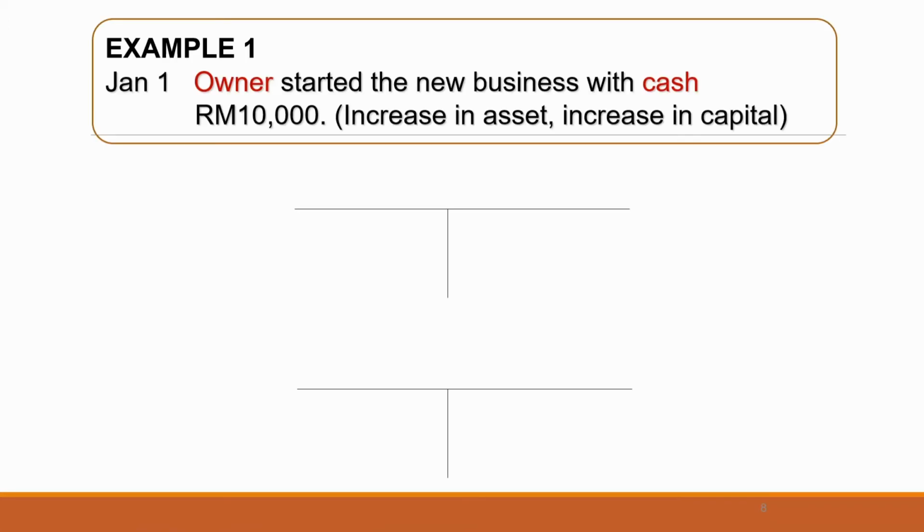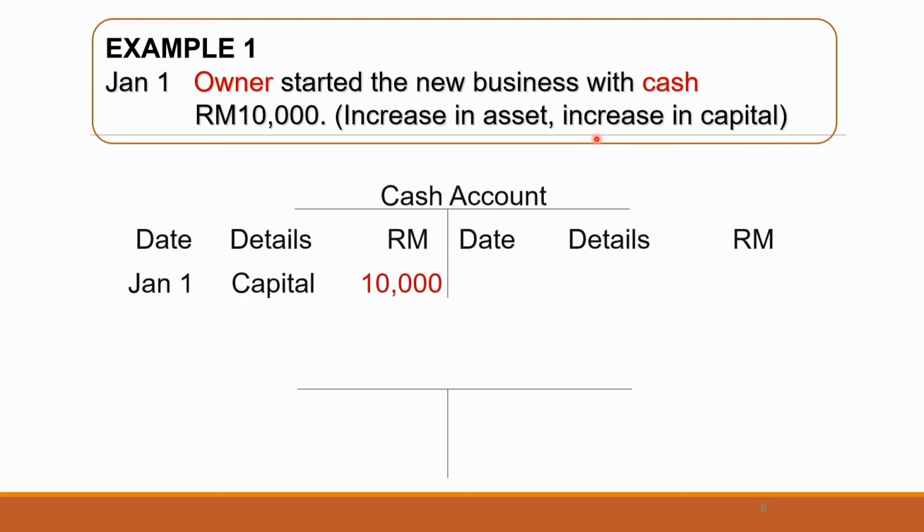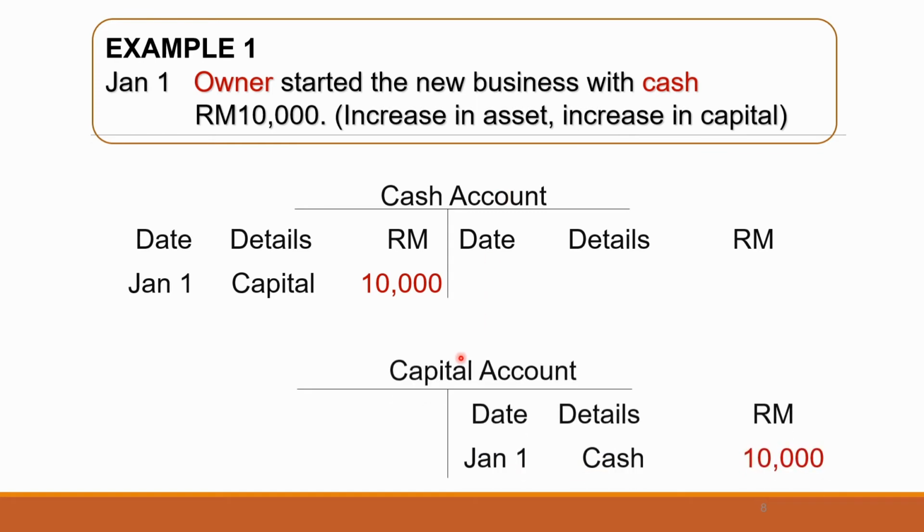For example 1, on the 1st of January, the owner starts the business with cash RM10,000. It means that there will be an increase in asset for the amount of cash and an increase in capital. So when you want to record in the account, there are two accounts involved. The first one is the cash account, and the second one is the capital account.